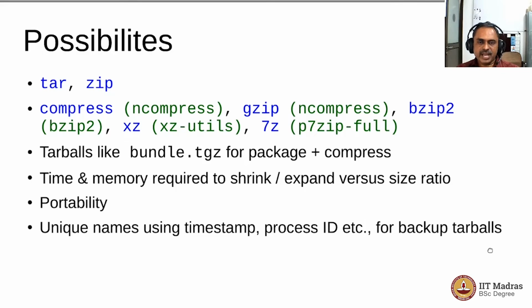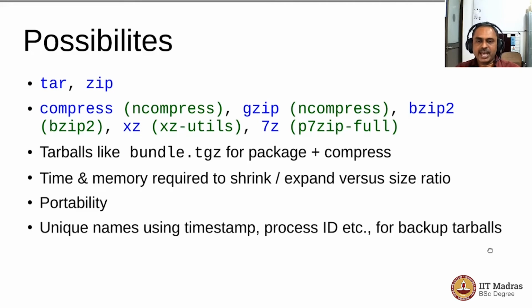Now in the brackets I have given the package names which would let you have those tools installed on your system. And very often when you have a huge set of files bundled together as a tar file, and then you gzip it to reduce the size and then give it to someone, the other user, when they unzip it, the tar file would still be very big for them before they expand it to the respective file hierarchy.